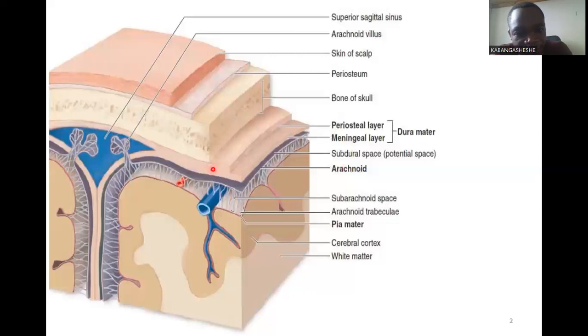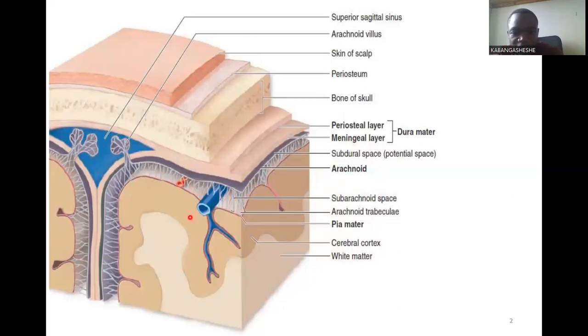So you hear of pachymeningitis. It is inflammation or infection of the meninges confined only to the dura mater. Then you also have leptomeningitis. This is infection or inflammation of both the arachnoid mater and the pia mater here. So both of these layers are knocked out.